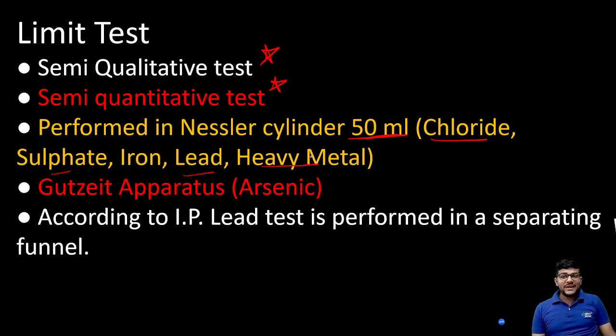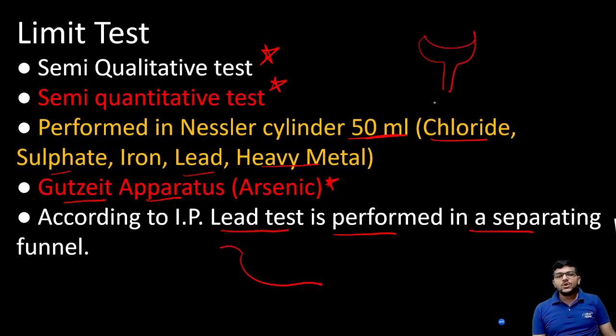There is a special apparatus for arsenic, the Gutzeit apparatus, usually used to perform the limit test of arsenic. But there is a line in the Indian Pharmacopoeia that the lead test is performed in a separating funnel. This is the normal funnel, but our separating funnel is somewhat like this.